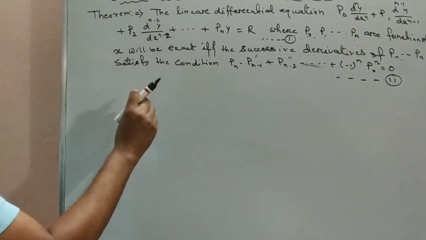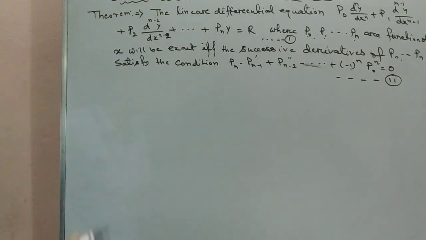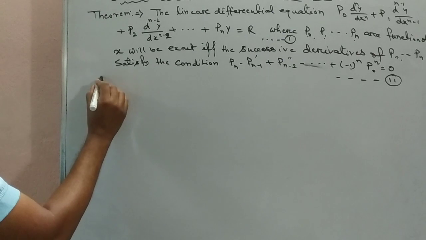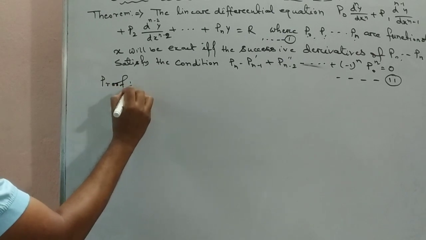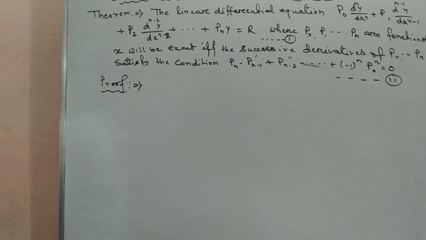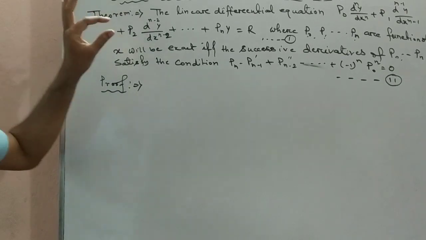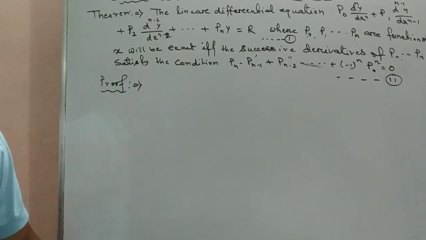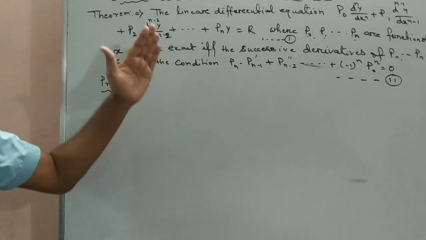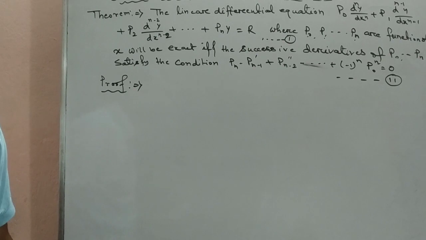Now we go to the proof of this necessary and sufficient condition 2. At first, let equation 1 be exact. Then we have to prove that this condition is satisfied.